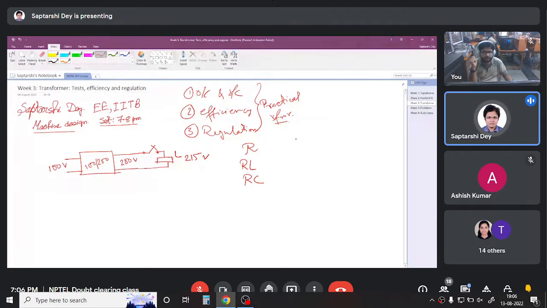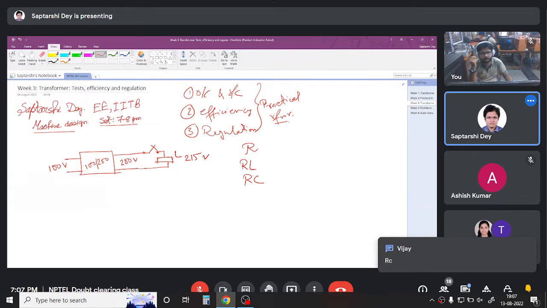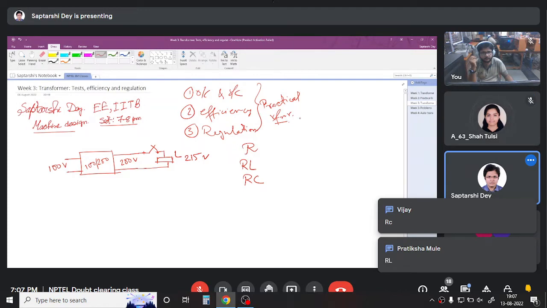Secondary open circuit voltage was 200 volt. I connect the load, the load voltage increases to 215 volt. Vijay says RC.